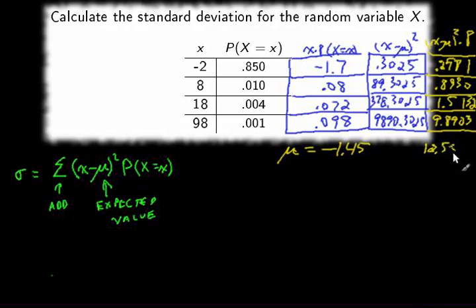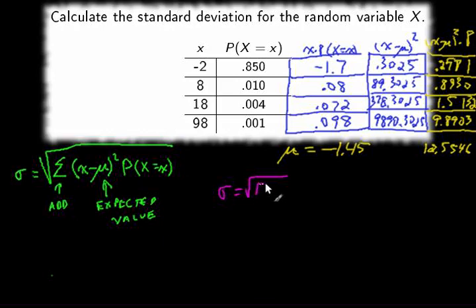And now I see I made an error at the beginning. This is not the formula for the standard deviation. That's the formula for something else. We need a square root around that whole quantity. So sigma for this problem, final answer, sigma is the square root of this sum.